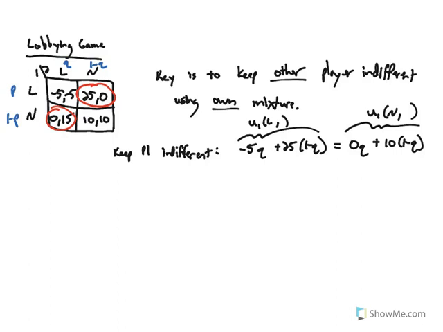If they're not equal to each other, player 1 is not going to mix between them. All right, so in order for player 1 to mix between L and N, she has to have the same utility from L and N, and to have the same utility, if the other player is mixing, we need to use the expected utility. Okay, so we have negative 5Q plus 15 minus 15Q equals 10 minus 10Q. Oops, sorry, I missed my 5 there somehow.